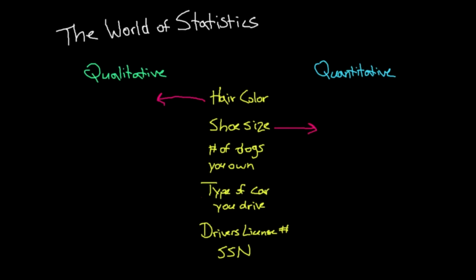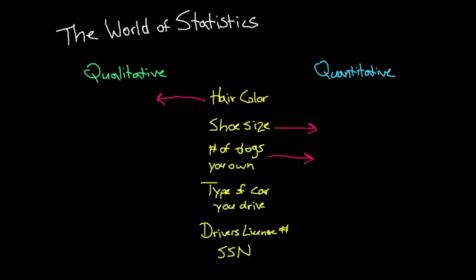So the number of dogs you own probably would not be qualitative, but rather quantitative. And the reason that it is quantitative is because it can be counted, it can be measured, and again, similar to shoe size, 3 dogs is more than 2 dogs, right? So this is something that would be quantitative.